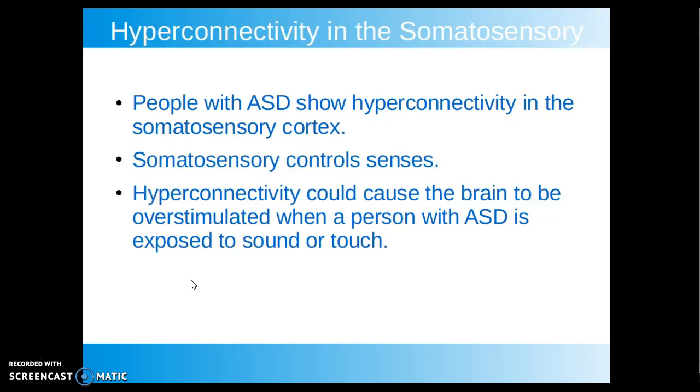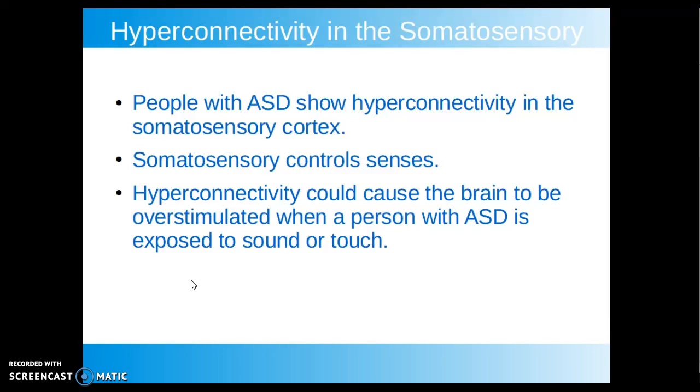And this would actually correlate with the hyperconnectivity, causing the person to be overstimulated when exposed to a particular sound or touch. She could not stand the texture of potatoes, and still to this day cannot like mashed potatoes. Different textures that are alike.